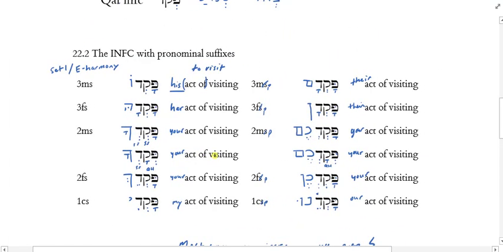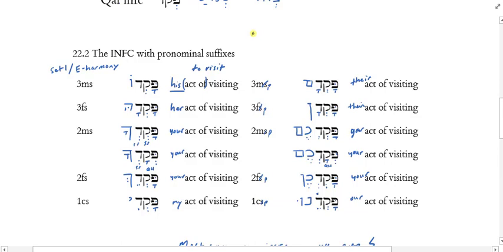Because infinitives are verbal nouns, they are nouns. So they don't have personal endings like the qal perfect does. The qal perfect has actual verbal personal endings that indicate the subject. What these infinitive construct forms are doing as nouns is, if I ever want to indicate whose act it was, I can't use personal endings. I'm using pronoun suffixes. Pronoun suffixes are different than perfect personal endings. Okay?